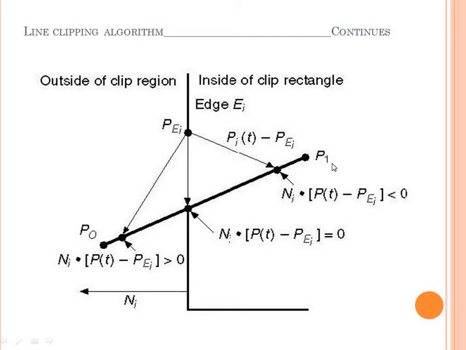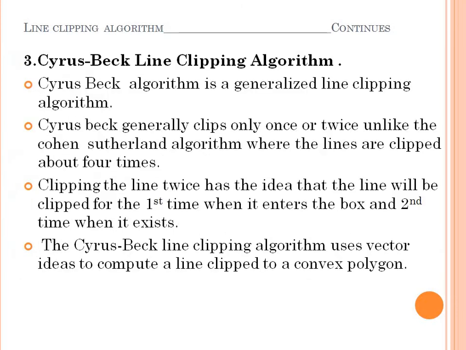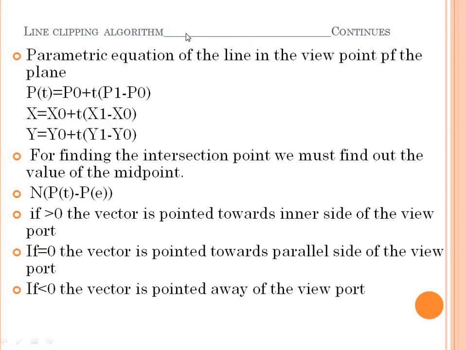Now the parametric representation of the line, the parametric equation of the line in the plane, is P of t is equal to P0 plus t times (P1 minus P0).